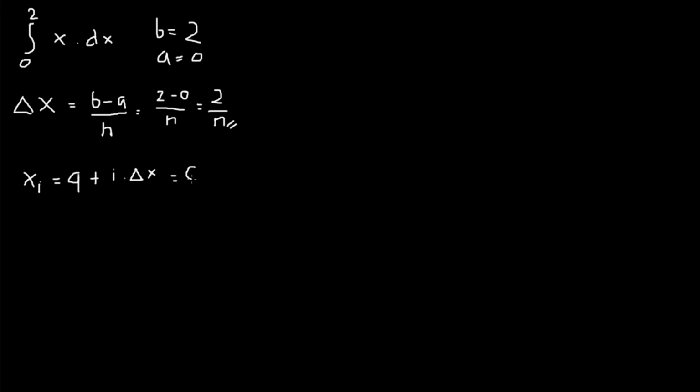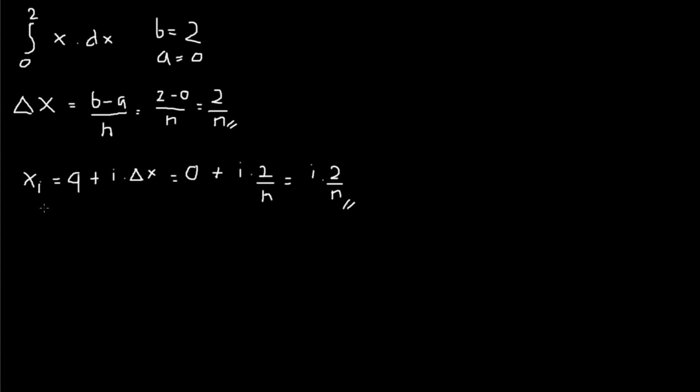So a is 0 plus i, which is just i, and 2 per n is our delta x. So now we have our xi is i times 2 per n.